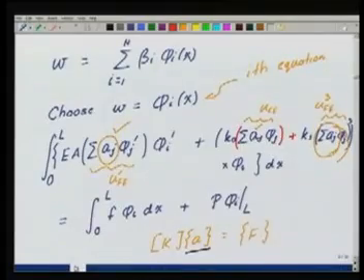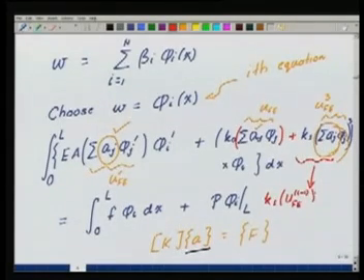If I go back to my weak form, we will write this quantity, this part, in the direct iteration as k1 times the solution at the previous step, (u_FE at i minus 1) whole squared, into u_FE at i.